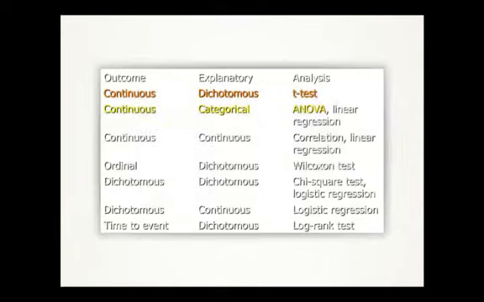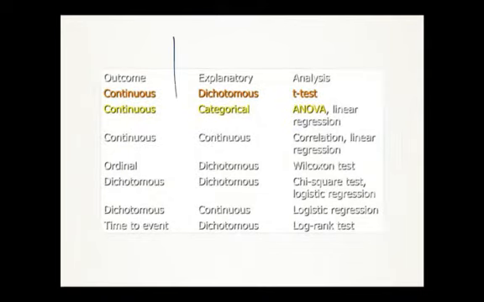And again, you want to always think about what type of outcome do I have, what type of explanatory variable do I have, and then use that to guide your decision on which type of analysis to use. So remember that's this table here.